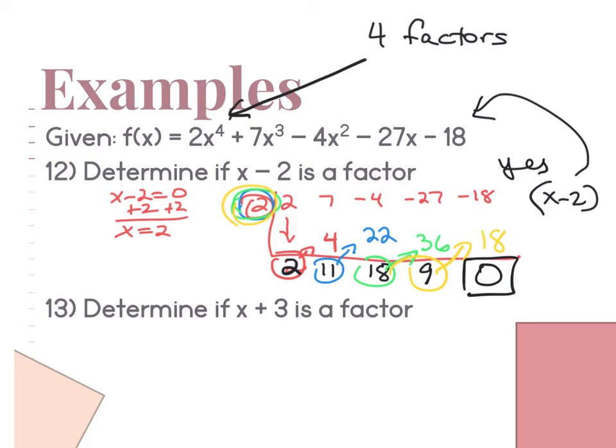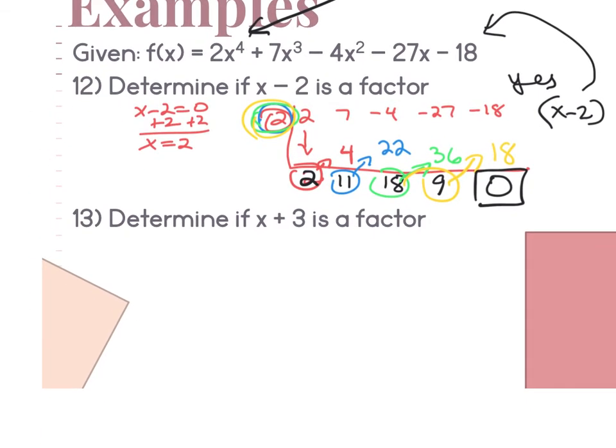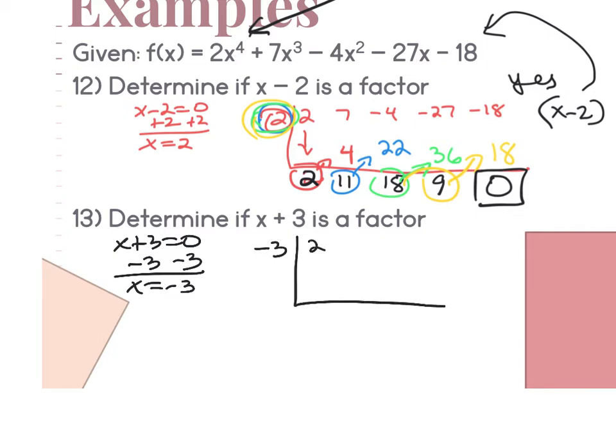Next question is asking me to do the same thing. It still wants me to check to see, is this x plus 3 now a factor of this polynomial? So again, I would set it equal to 0. And I'm dividing by the x minus 3. 2, 7, negative 4, negative 27, negative 18. Bring down. I'm going to multiply. Bring down, or add up.